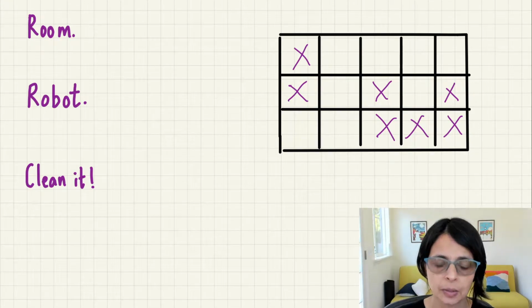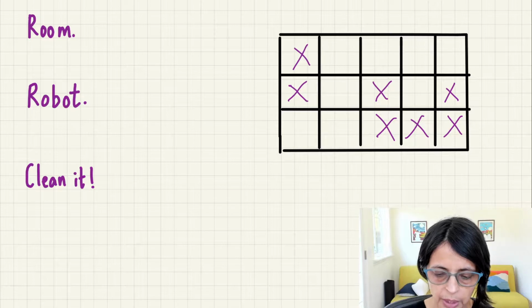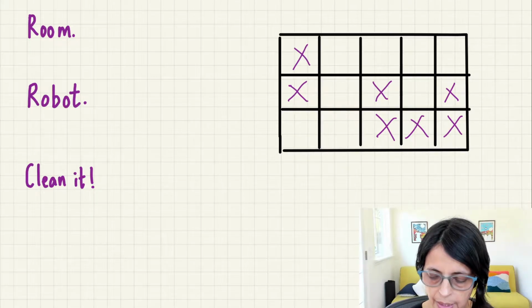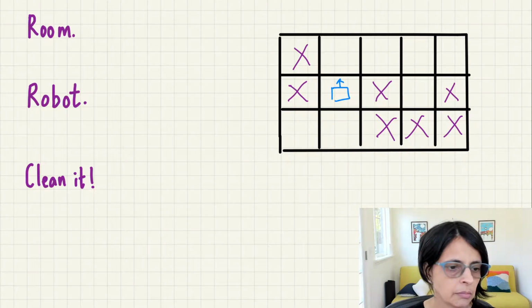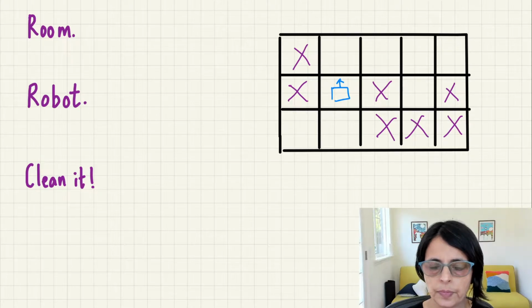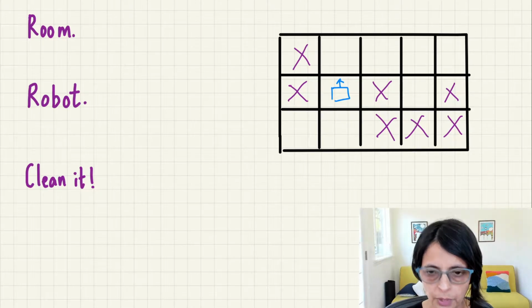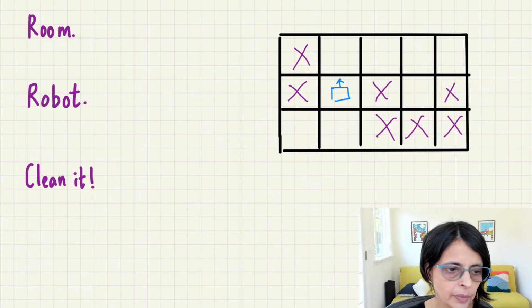The more explicit part is the robot. So the robot starts off on an unspecified cell. It can face in any of the 4 directions: up, right, down, and left.